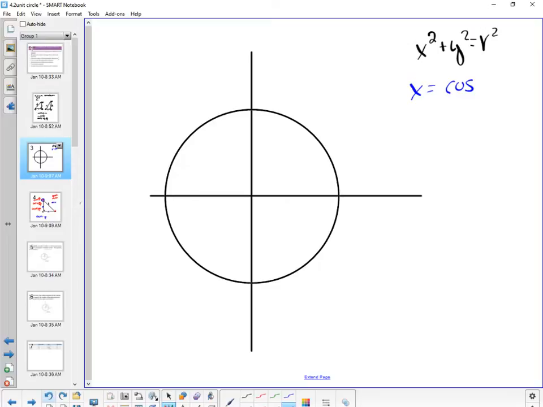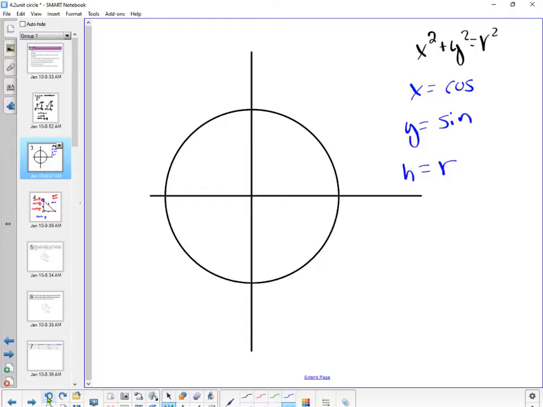Whenever you see y values, I want you to think sine. Sine is asking for the up-down motion, cosine is asking for the side-to-side motion. And whenever you see hypotenuse, or h, you're really talking about r. Radius and hypotenuse are kind of the same thing in this, because the hypotenuse will be some rotation on the radius that ends up at some angle.